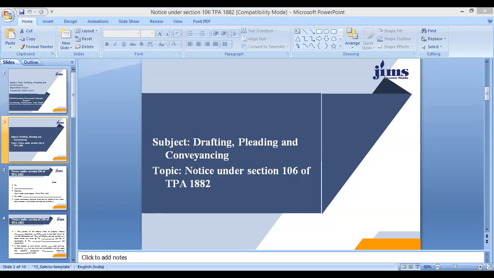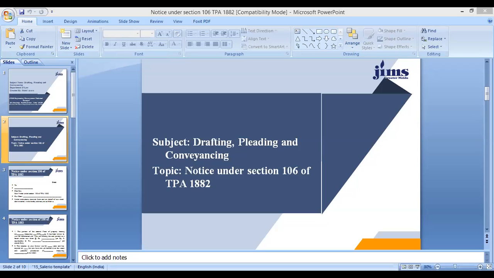As far as Section 106 is concerned, the law provides as under. Section 106 provides that for termination of a lease, a notice has to be given to the other side, that is the landlord or the tenant, as the case may be.